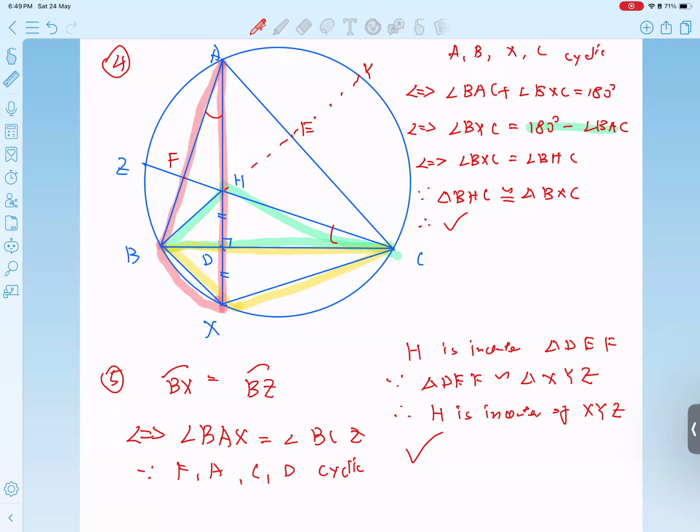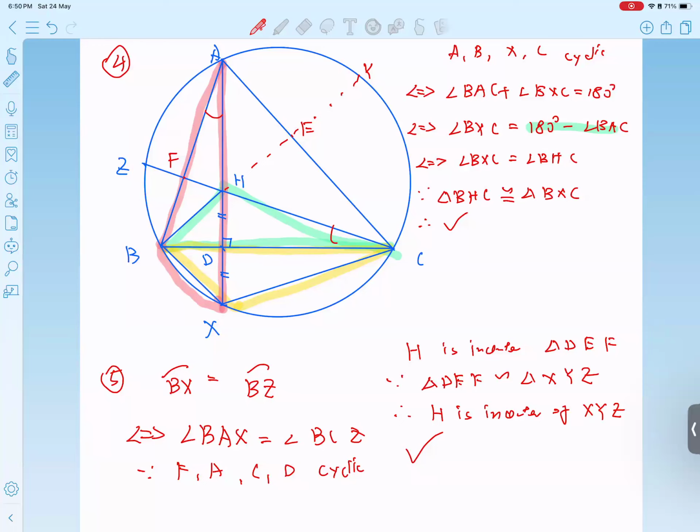And this will get important if you learn complex bash. It will give you a really useful way of denoting the orthocenter and the incenter of the triangle. But if you don't plan on studying complex bash, you can ignore what I just said. Cool.